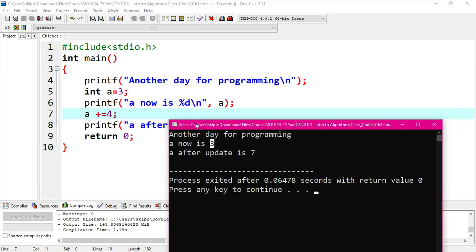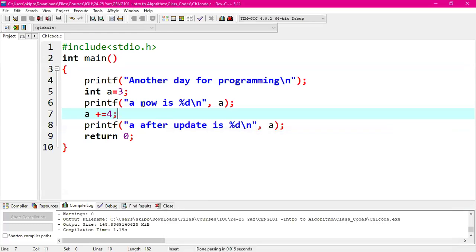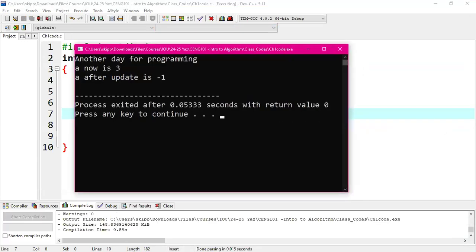And so we ask it to display the new value of a, but since the new value of a is a plus 4, we have 7, and that's why we have 7 here. On the other hand, we can change this to minus, and if we change this to minus, it changes the value of a to 3 minus 4, which becomes minus 1. And so we have our new value as minus 1.